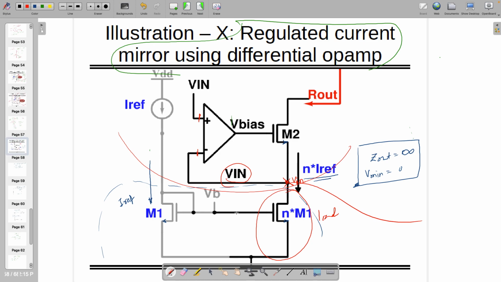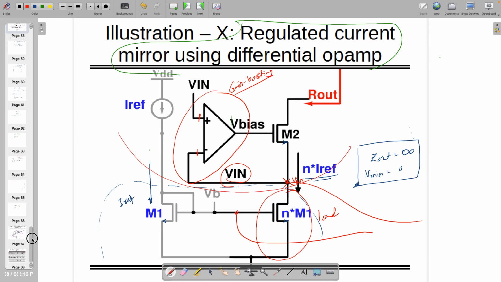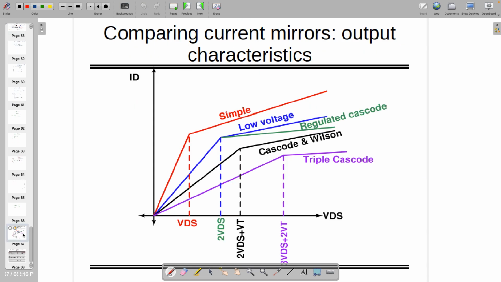And the circuit where we have the gain boosting technique is called a regulated current mirror, sometimes regulated cascode also, and many things you can call it, but all are similar names. So this uses the gain boosting technique, right? Now this completes the whole current mirror topic.